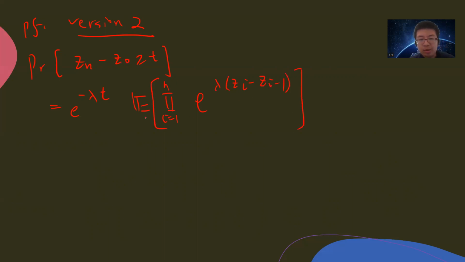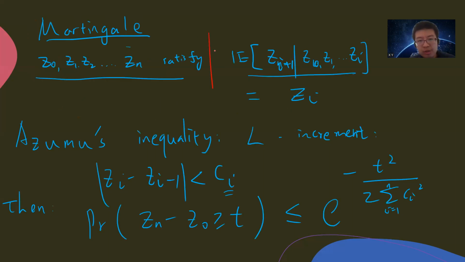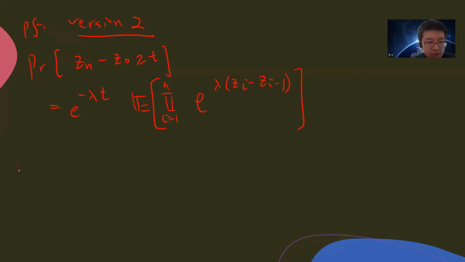Since they are not independent, you cannot spread it out. It looks like up to now you cannot do anything if there are no other relations among the Zi, but in this problem we have this Martingale relation. So now you can use a very weird trick: write one expectation value into two expectation values.